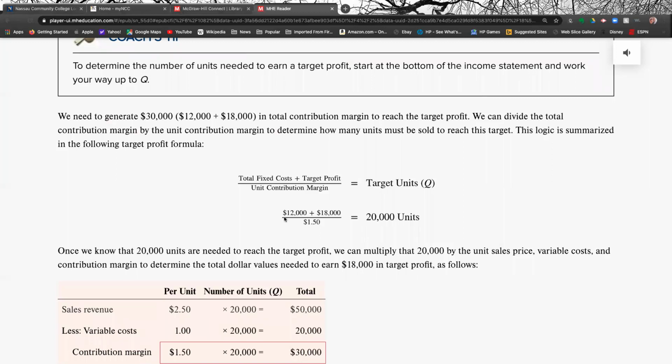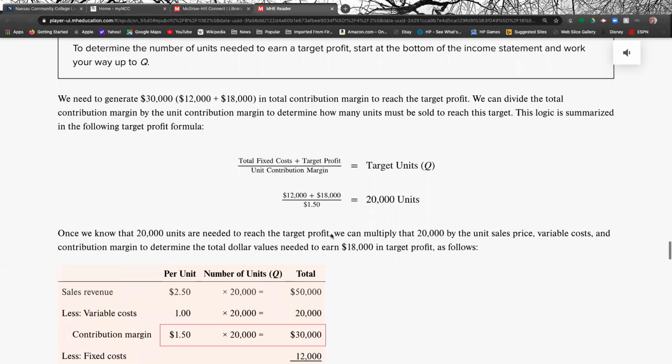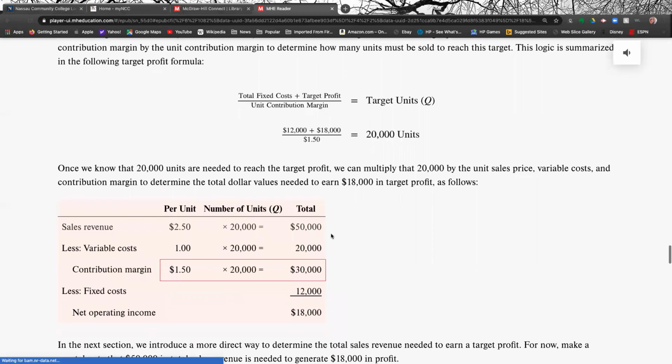So in our example, the fixed costs were $12,000. The target profit was $18,000. That's a total of $30,000. Divided by $1.50, 20,000 units. We would have to sell 20,000 cups of coffee at a price of $2.50 to hit that profit of $18,000.